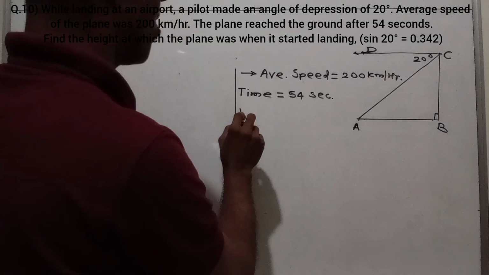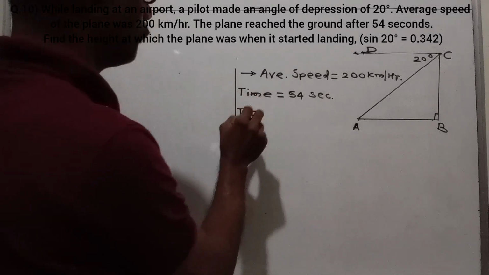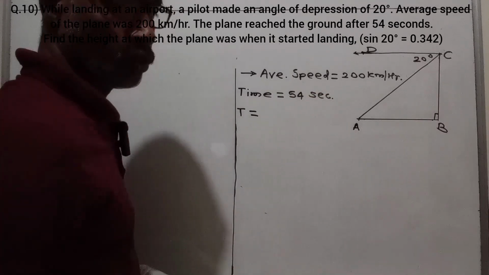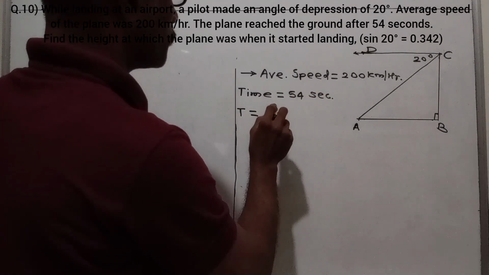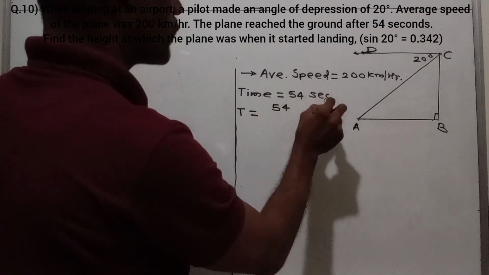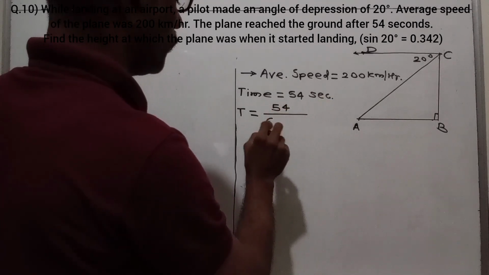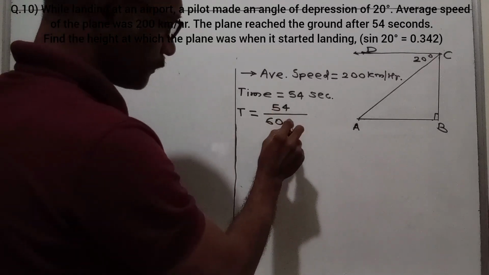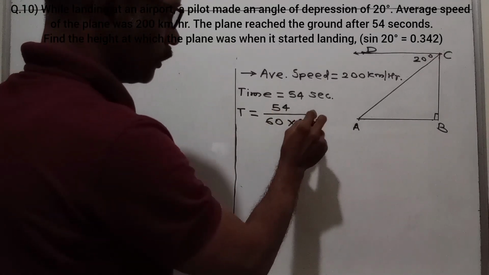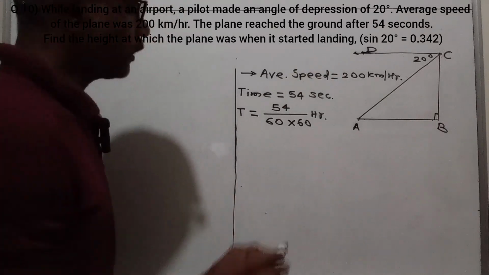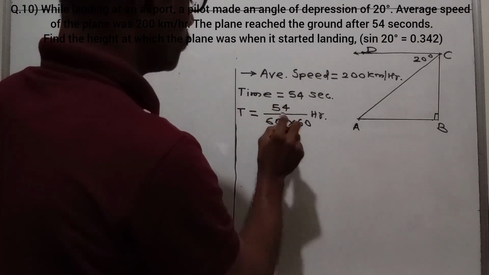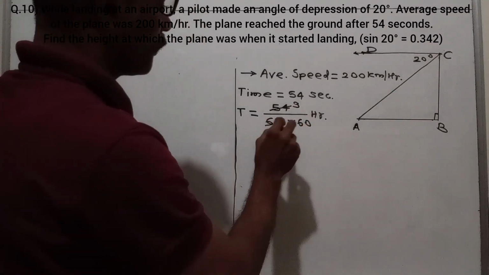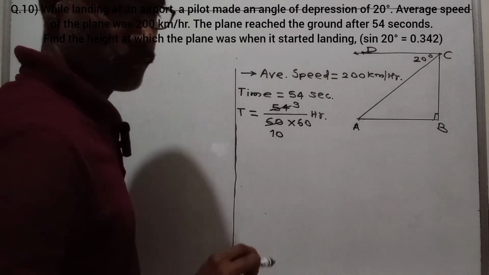Therefore, see here, I will write only T here, time T. This 54 seconds we convert: seconds into minutes, now these minutes into hours. Did you get it? Now this is 6 nines, 6 tens.